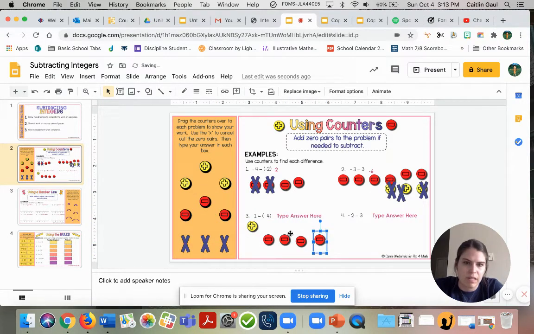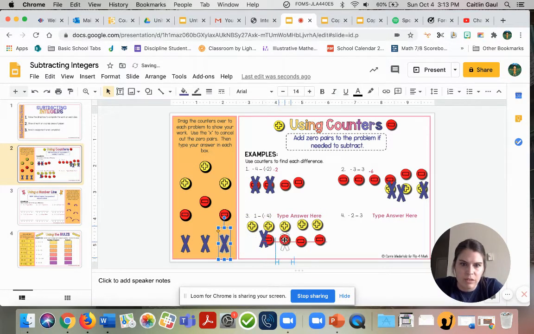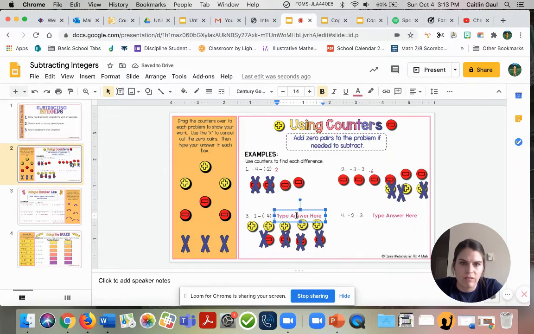So to get rid of these, I also am going to add 4 positives to make those zeros. And now I just got rid of those 4 negatives, leaving me with 1, 2, 3, 4, 5 positive counters.